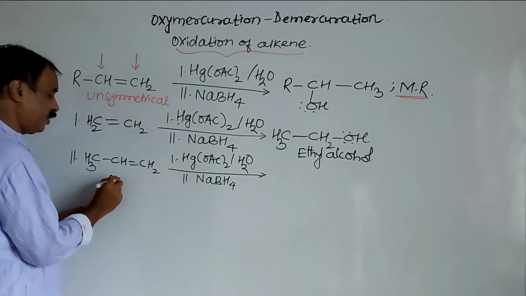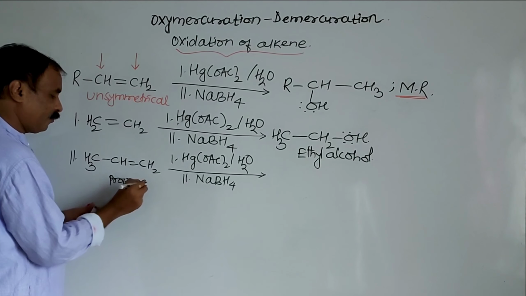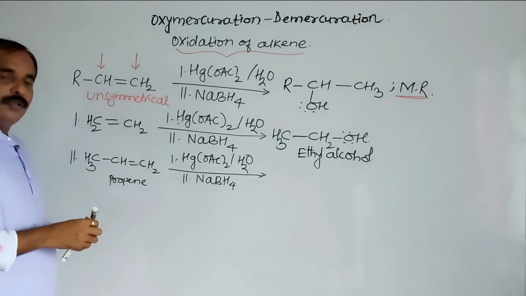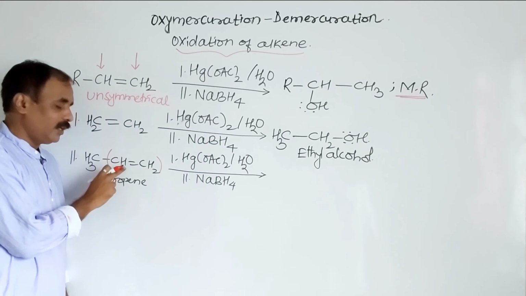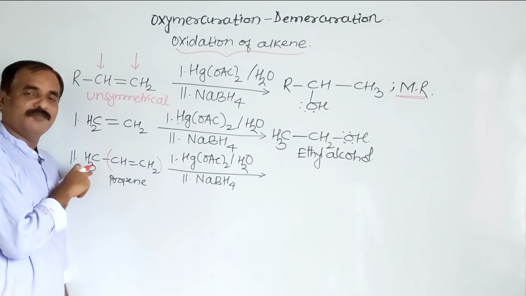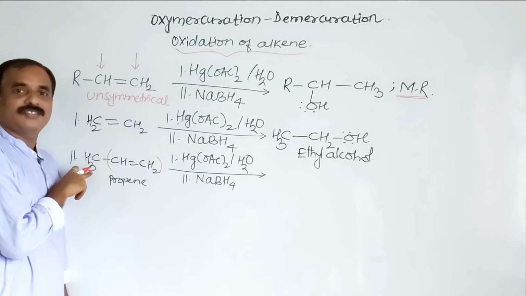This propene is unsymmetrical. We have to consider only the olefinic carbon atoms. This is the terminal olefinic carbon atom, this is non-terminal. On the terminal olefinic carbon there are two hydrogen atoms, and on the non-terminal there is one hydrogen atom and one substituent, that is, a methyl group. So that is why this alkene is unsymmetrical.